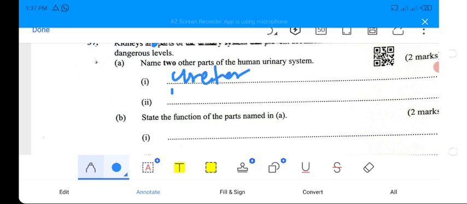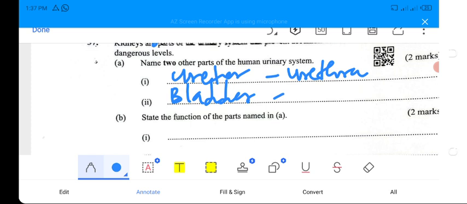We have the bladder or the urinary bladder. You can put the urethra. Then you have blood vessels. And with the blood vessels, we are talking about the renal artery and the renal vein.